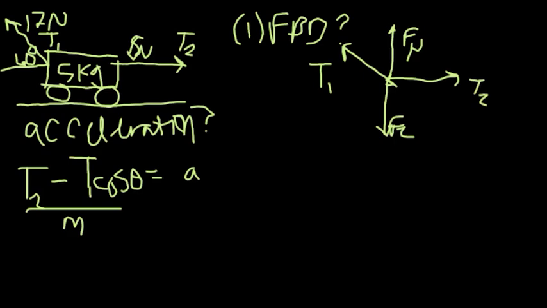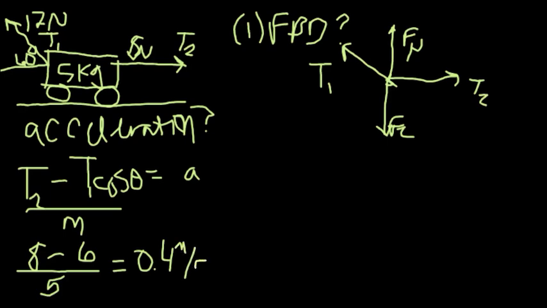Now we can just substitute in our values. We have 8 newtons for T2, T1 is 12 newtons, and cosine of 60 is 1/2. So we'd have minus 6 newtons to the left, divided by a mass of 5 kilograms, to give us an acceleration of 0.4 meters per second squared.